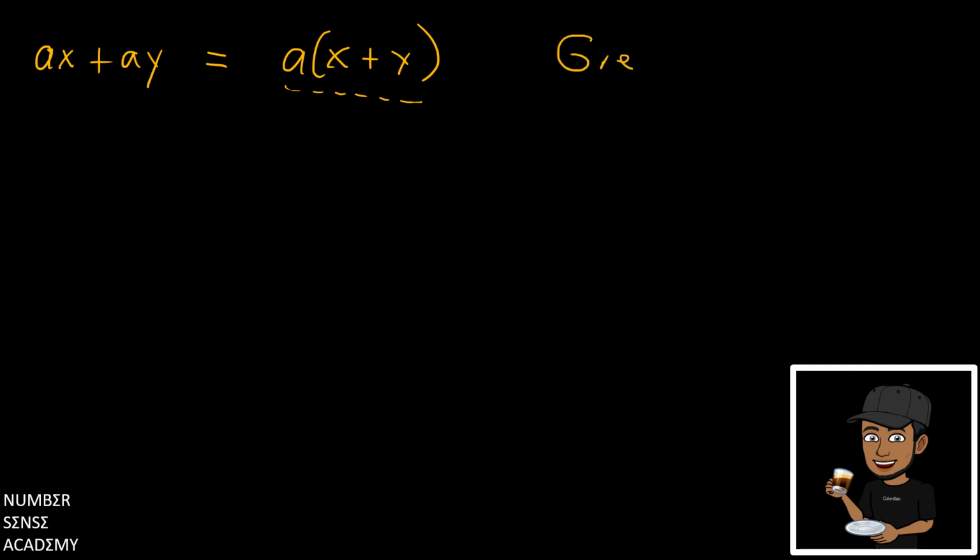So let's look at some types of products that you're going to come across. One of the more basic ones would be something that looks like ax plus ay, which you already kind of alluded to. When I factor this, basically all we're really able to do is take out the greatest common factor.